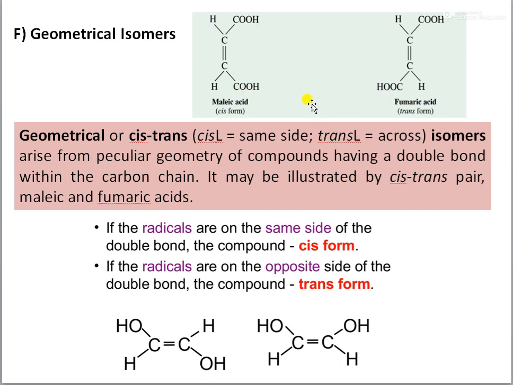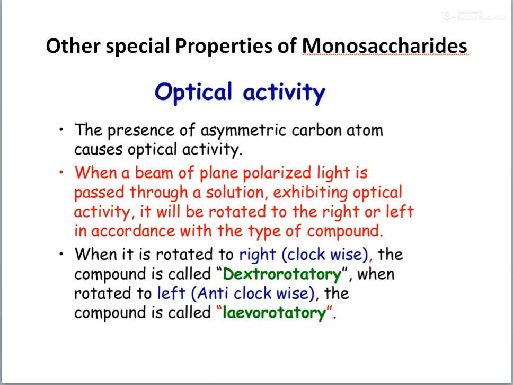These are the two types of geometrical isomers found in carbohydrates, and other than these stereoisomeric properties, various other properties are also contributed to the carbohydrates because of their stereoisomerism.